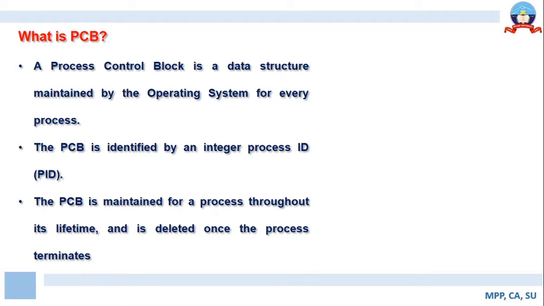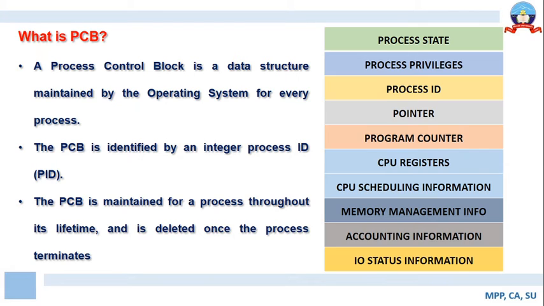Now let us try to know what the elements of the process control block are. The first information that the process control block stores is the process state. This is very important.